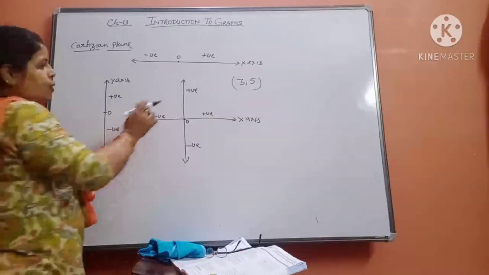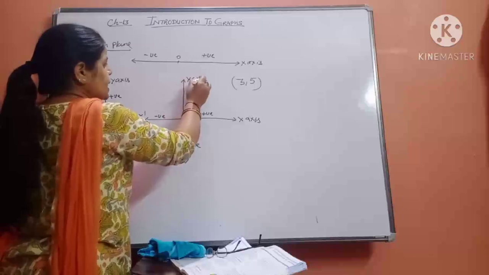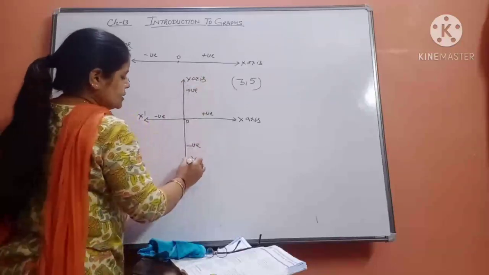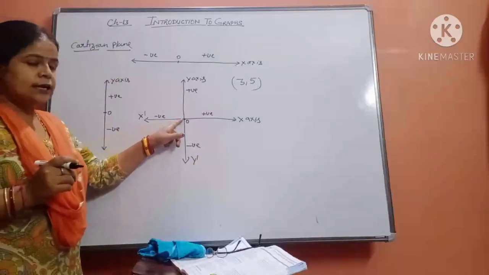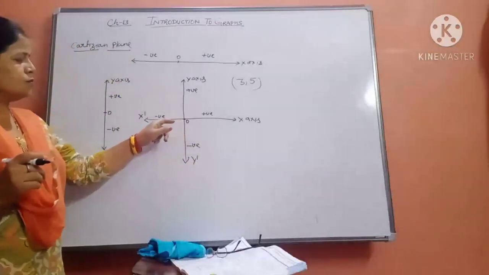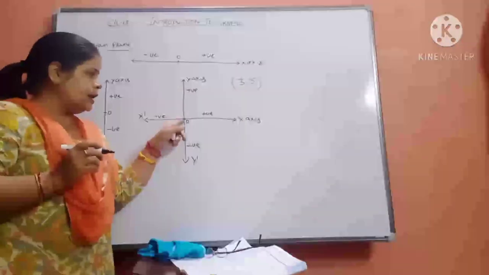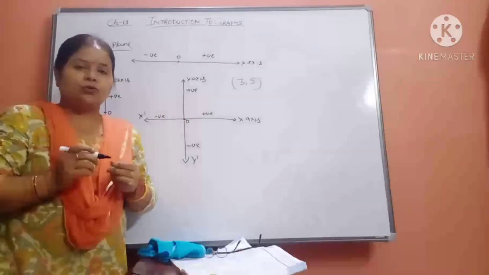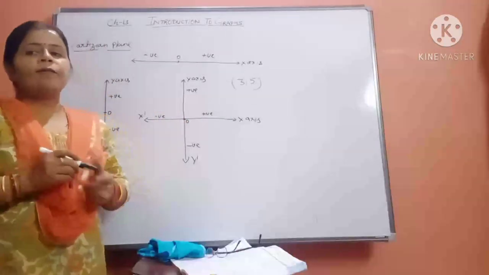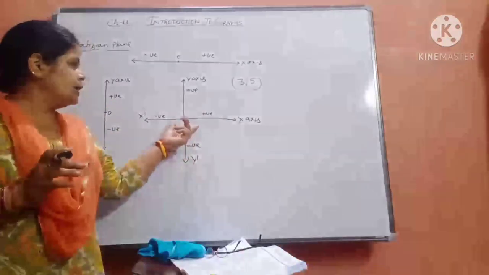The positive direction of the y-axis we write y, and the negative will be y dash. The point of intersection of these two axes is the origin, where the x coordinate and y coordinate are both 0.